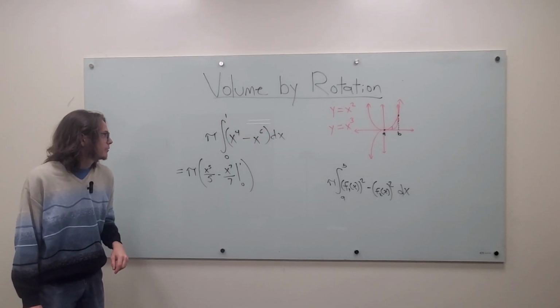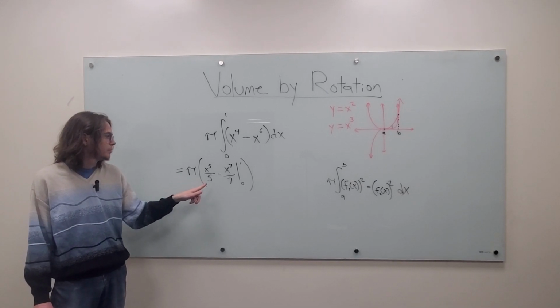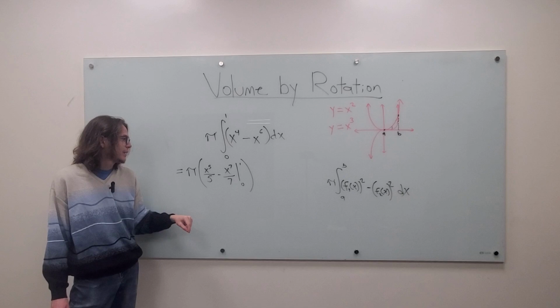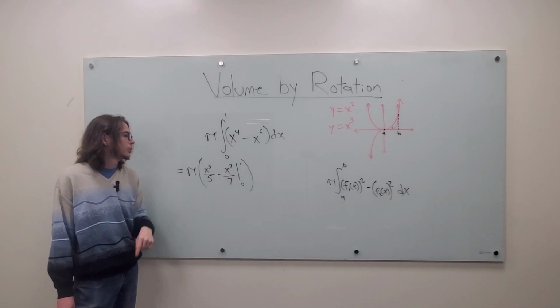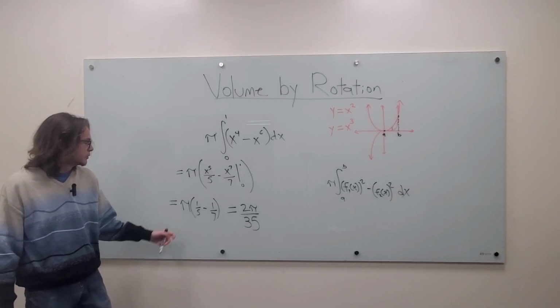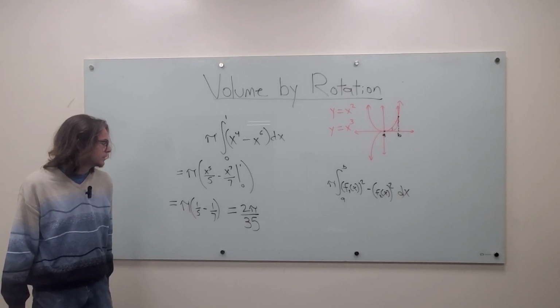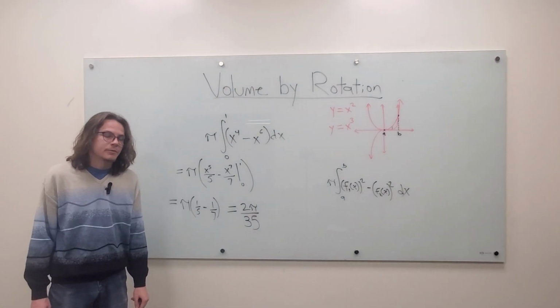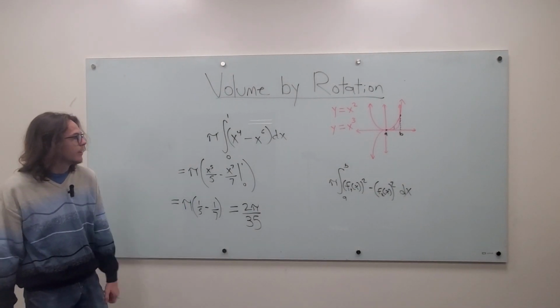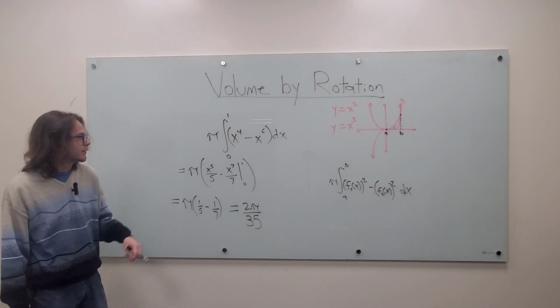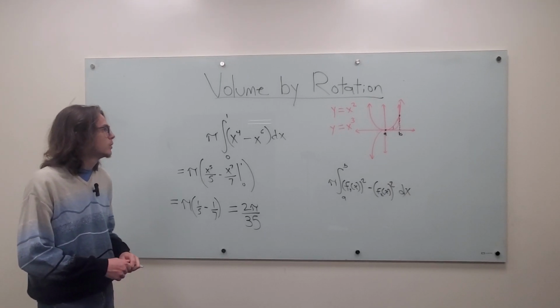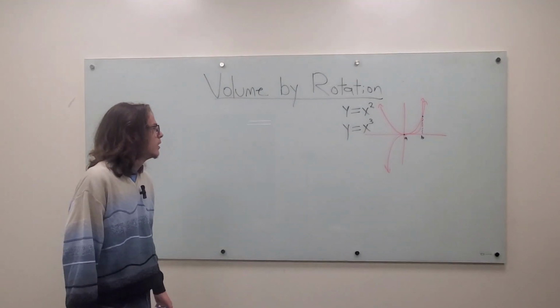Once we antiderive this, it's going to be pi times x to the fifth over 5 minus x to the seventh over 7 from 0 to 1. And so this will give us pi times 1/5 minus 1/7, which will give us 2 pi over 35. So hopefully that all makes sense. I'll go ahead and take a minute to look over that if you need. And we will do one more practice problem.